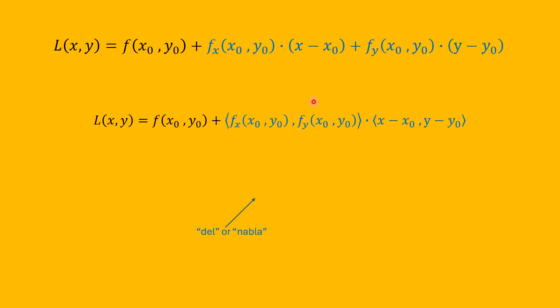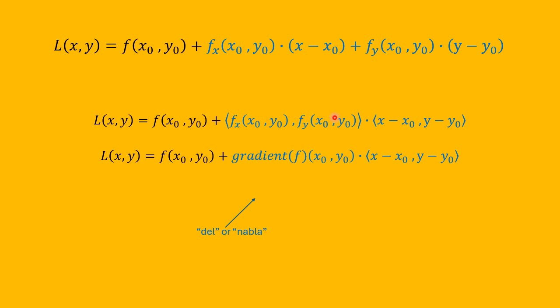The vector whose two components are this and this, dotted with the vector of two components, which is this vector here and this vector here. So L of x, y can be written as f of x naught, y naught plus this stuff dotted with this stuff, the dot product of two-dimensional vectors.